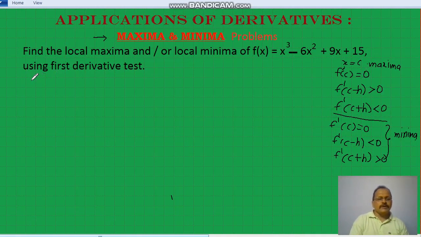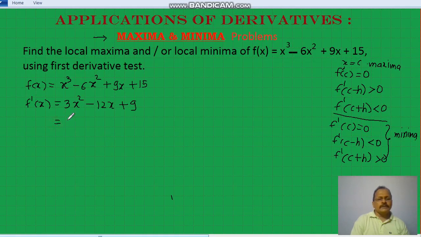f(x) is given to us: x cube minus 6x square plus 9x plus 15. Find out its derivative. f dash x is equal to 3x square minus 12x plus 9.